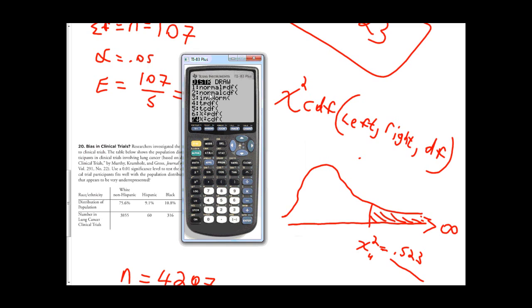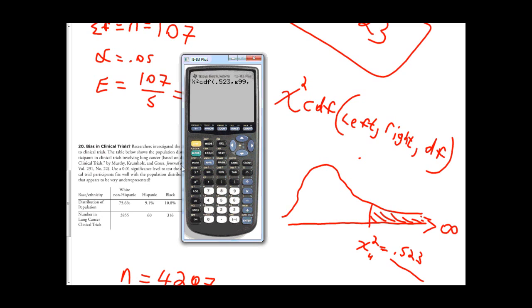So we're here in the distributions, and then we're going to go down to the chi-squared CDF, number 7. In chi-squared CDF we're going to put in our left endpoint, which is 0.523. The right endpoint is going to be infinity, or E99. So I hit second, comma, which gives me the E, the scientific notation, E99.